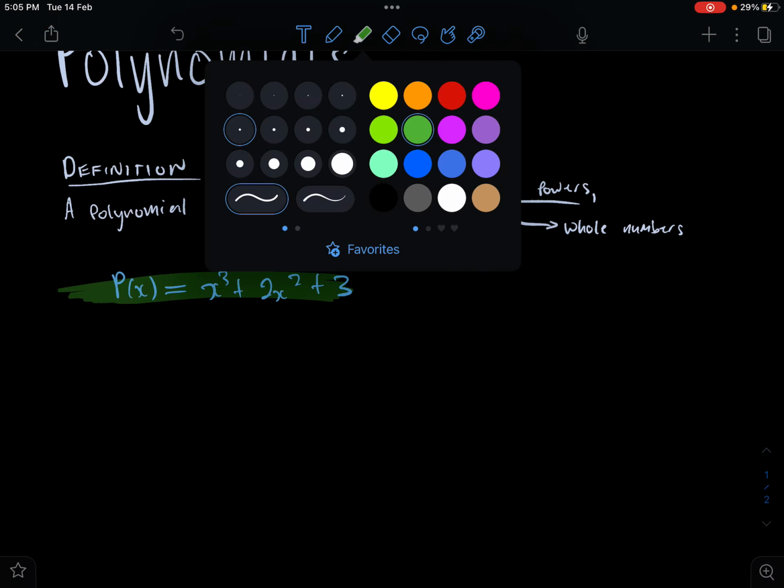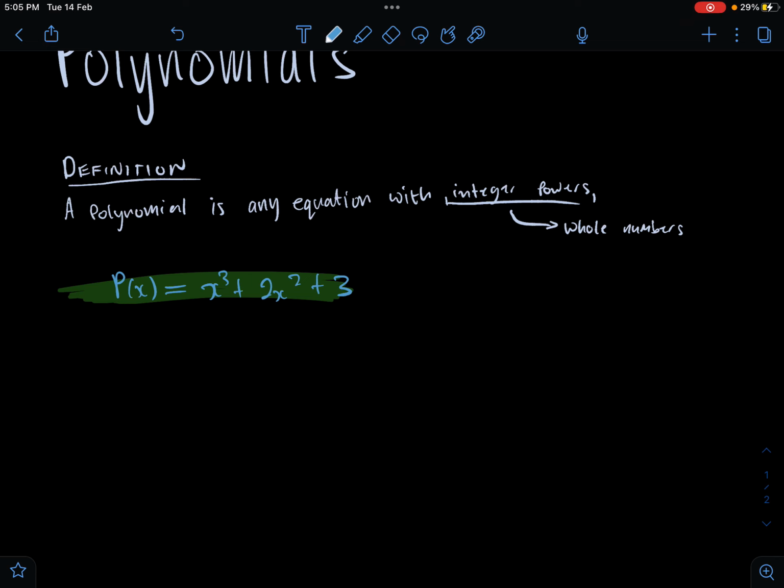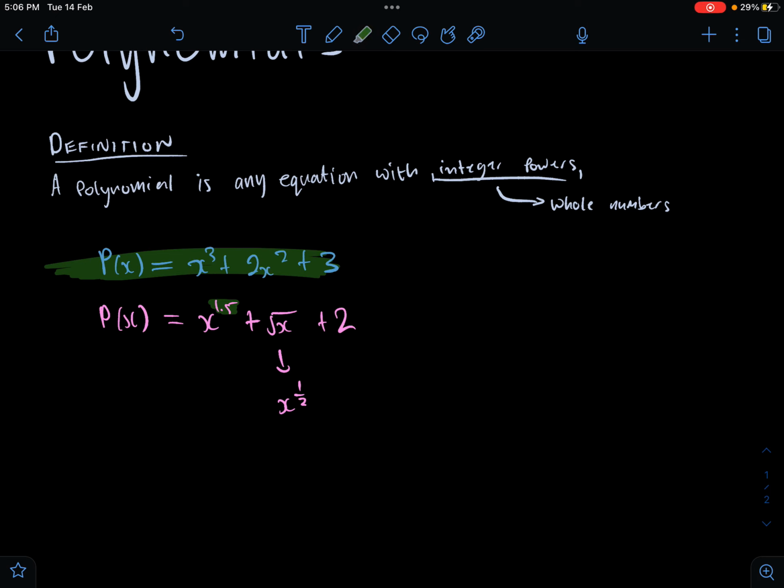However, if we write out a different one, P of x, if we had something like x to the 1.5 plus root x plus 2, immediately right off the bat, you can see this 1.5 isn't an integer power, and root x can be rewritten as x to the 1 over 2, going back to indice laws, so that's also not an integer power, and so this is quite obviously not going to be a polynomial.